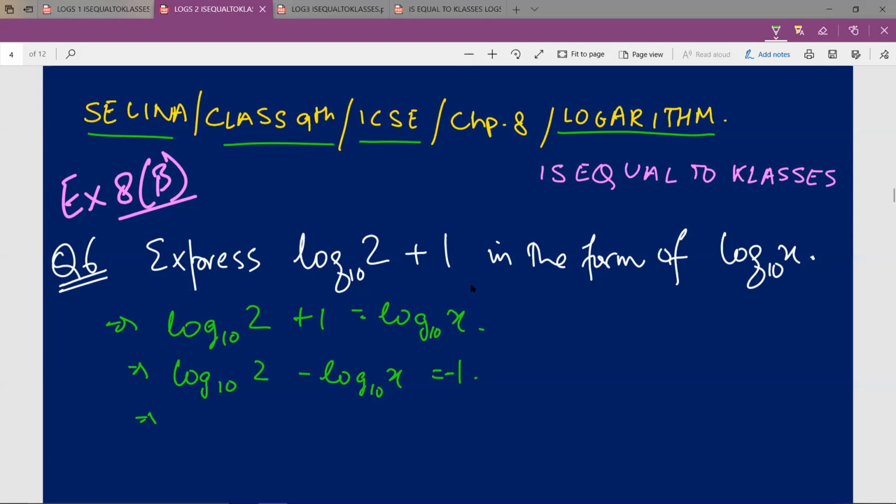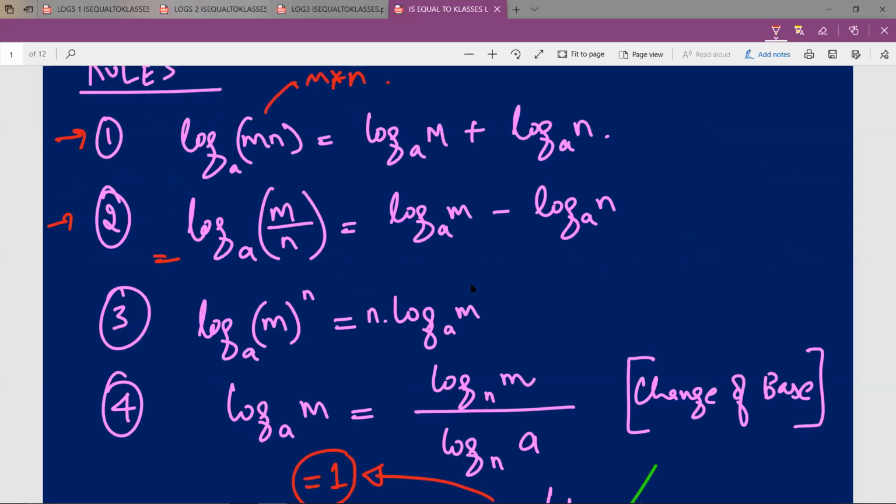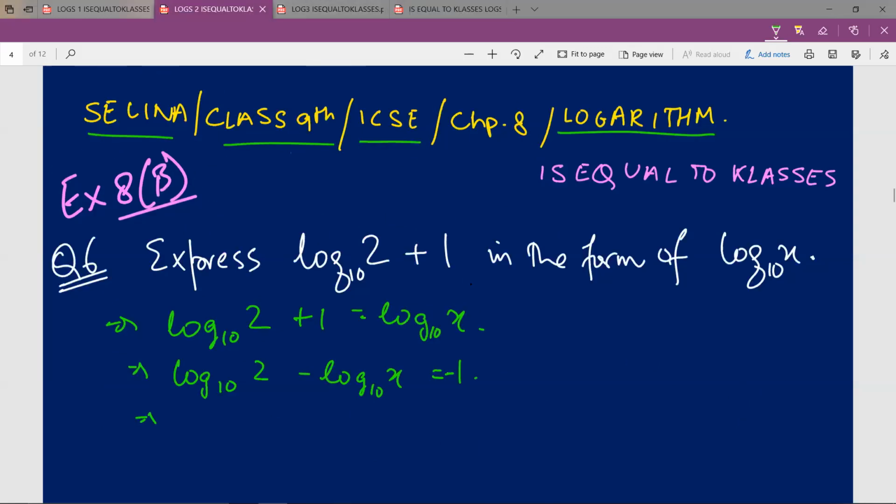So there is a law given here: log of m divided by n to the base a is equal to log of m to the base a minus log of n to the base a. I'll be taking this law and applying it in this question. So log of 2 to the base 10 minus log of x to the base 10, I could write as log of 2 divided by x to the base 10 is equal to minus 1.